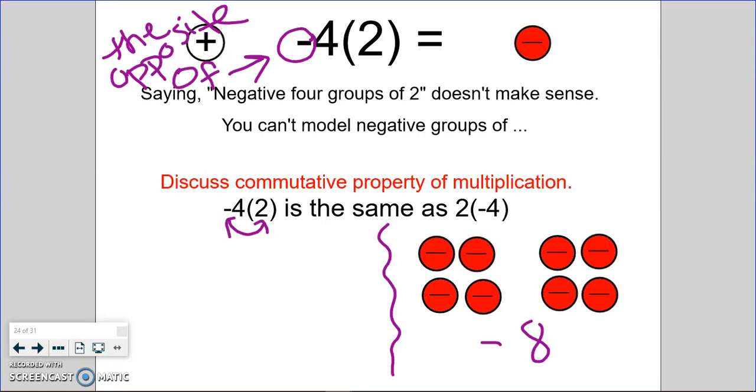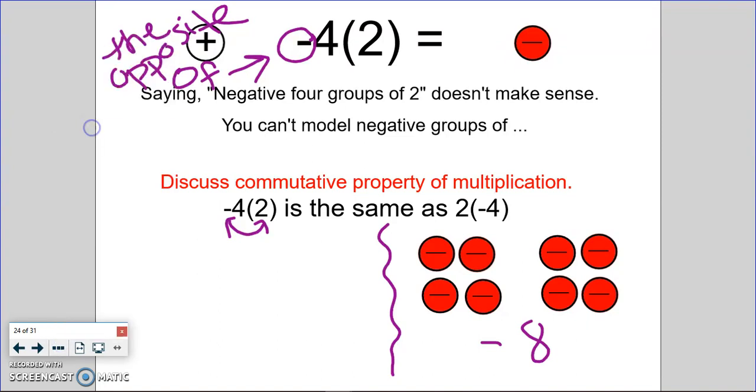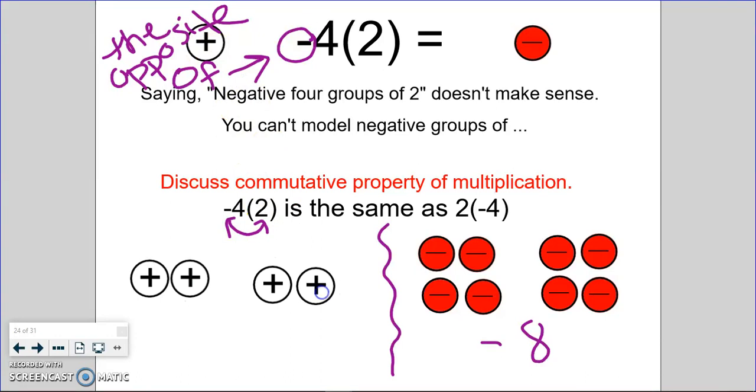If I do it this way, I would start out with actually doing 4 groups of 2. So here's a group of 2, here's a group of 2, here's a group of 2, and here's a group of 2.